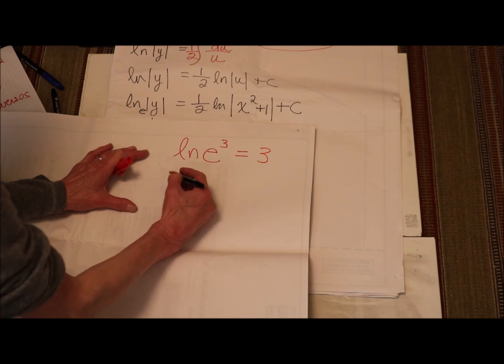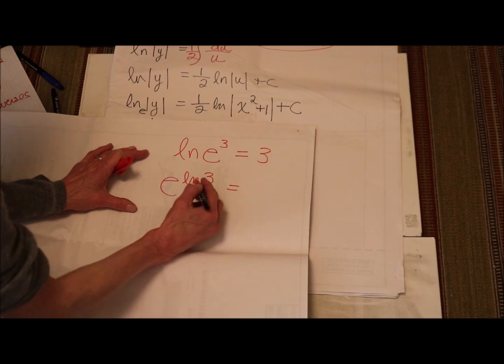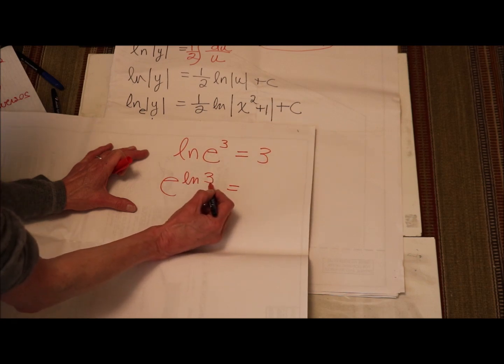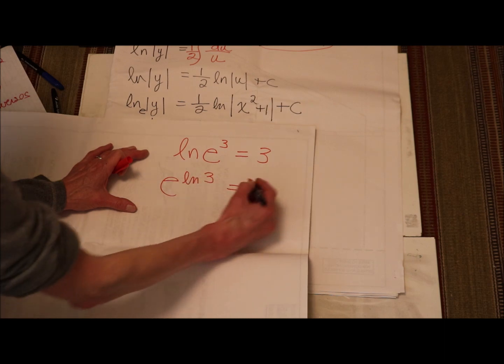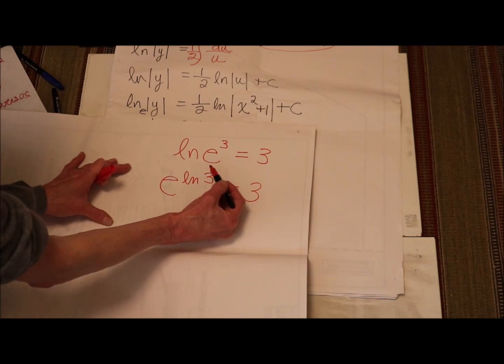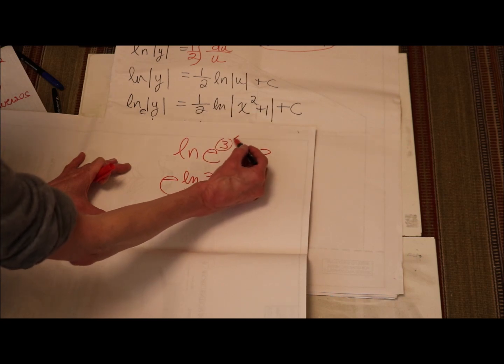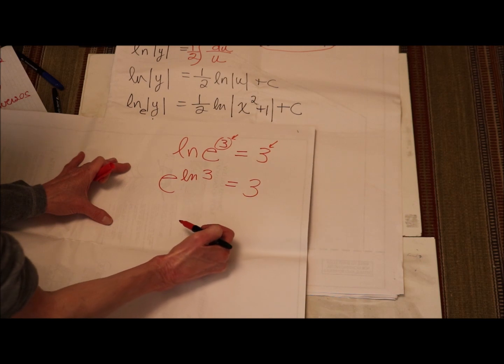If I have e to the natural log of 3, the natural log does something to the 3, and then the e undoes that. That also equals 3. So remember, whenever you do a composition of a function inside of its inverse, whatever your original input was, that's going to be your output.